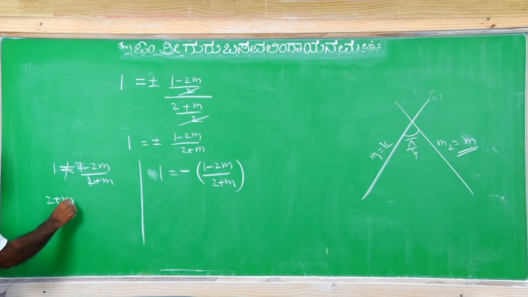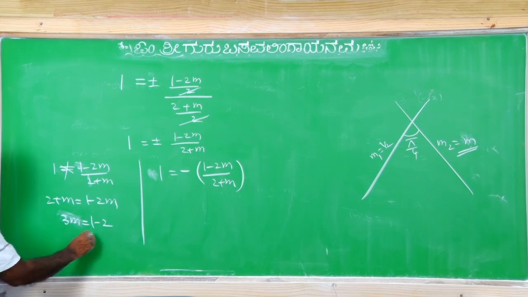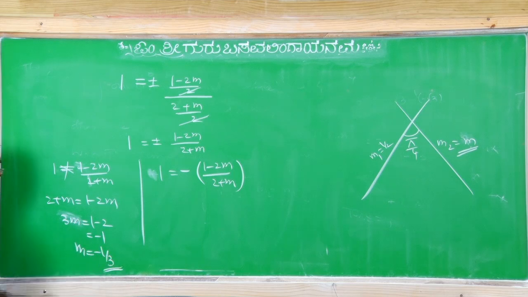2 plus m is equal to 1 minus 2m. Bring this value: 3m is equal to 1 minus 2, which is minus 1. M is equal to minus 1 by 3.